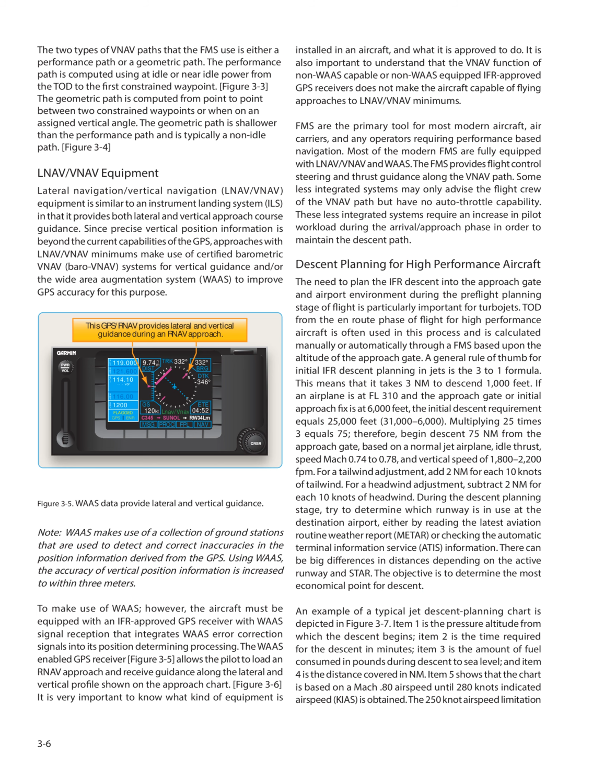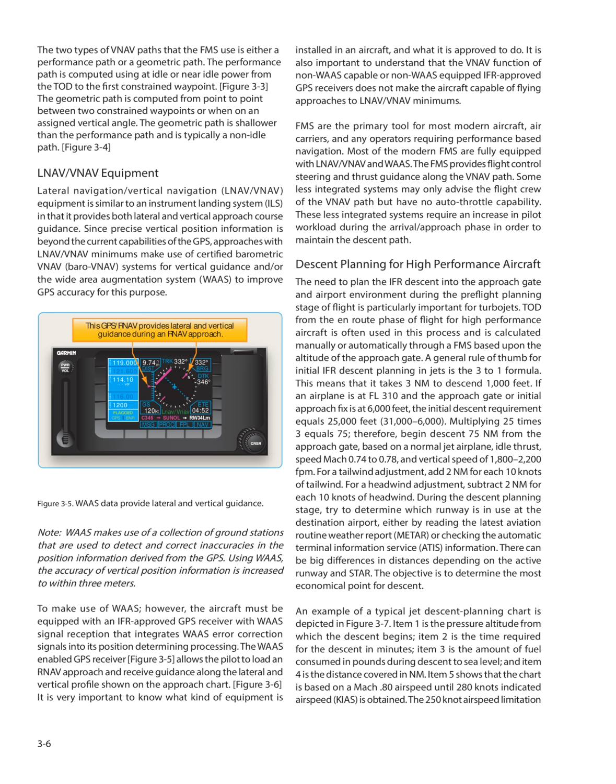A general rule of thumb for initial IFR descent planning in jets is the 3-to-1 formula. This means that it takes 3 nautical miles to descend 1,000 feet. If an airplane is at FL 310 and the approach gate or initial approach fix is at 6,000 feet, the initial descent requirement equals 25,000 feet, 31,000 to 6,000.